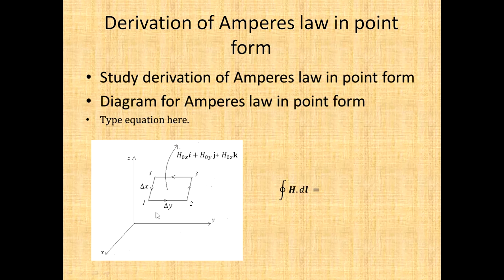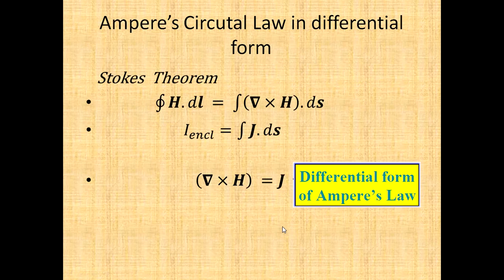This is for one plane. Then we have to consider all three planes, xy, yz and xz, find the total integration, and each gives one component of the current flowing in that direction.